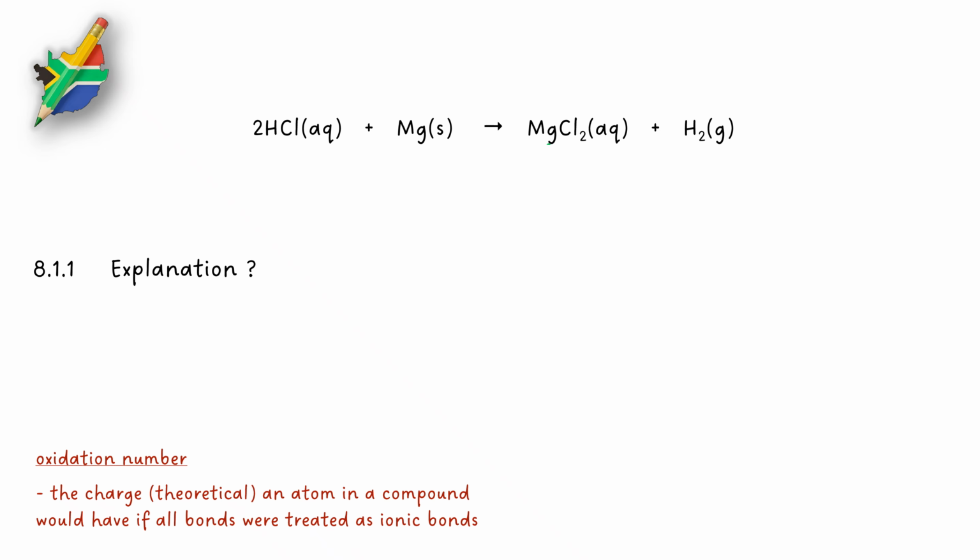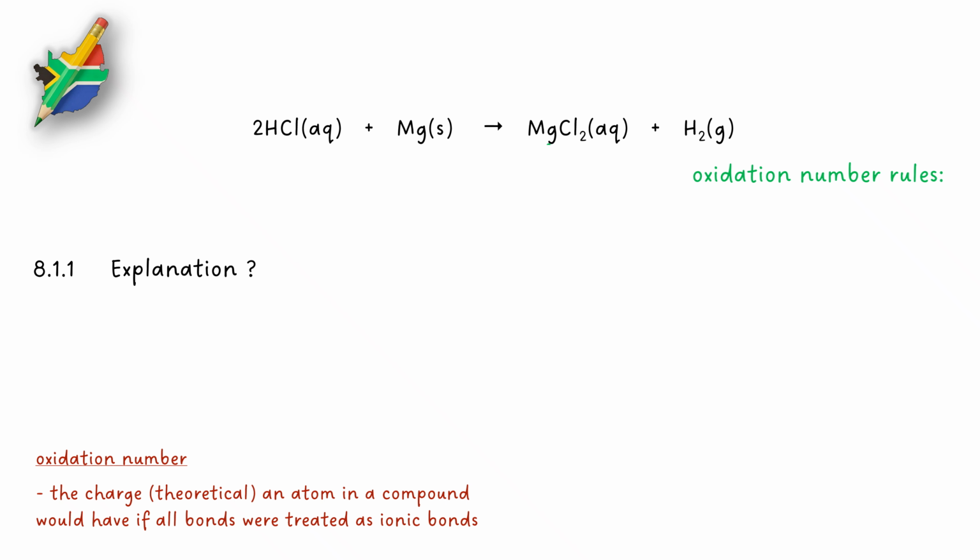It is a way to model or understand how charge is distributed in a compound, and it helps us determine which species is oxidized and which is reduced in a redox reaction. In a redox reaction, the oxidation numbers of 2 elements change, so we must first assign oxidation numbers to each element in this reaction, and then investigate how they change to prove that this is a redox reaction.